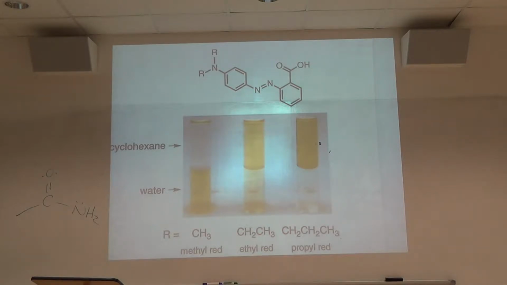Would this ever cause the water and cyclohexane to mix as well? Because they're having one polar end and non-polar end. That's potentially a good question, but not quite. Maybe if you added tons and tons of solute, you could get them to come together like a soap does. But typically when you do this partitioning or extraction, you don't get that concentrated.